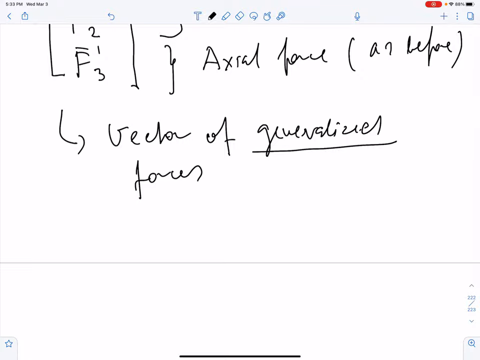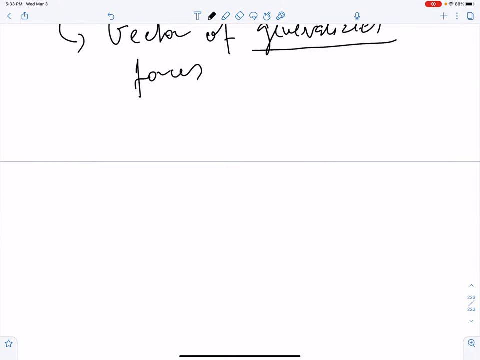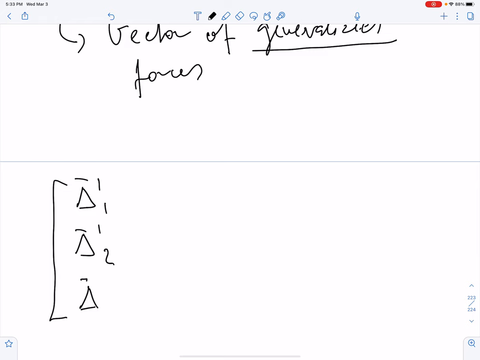Likewise on the kinematic side, we now have delta prime over bar 1, delta prime over bar 2, and delta prime over bar 3.